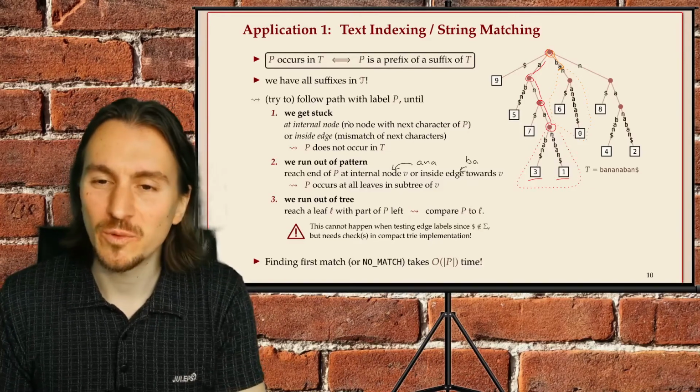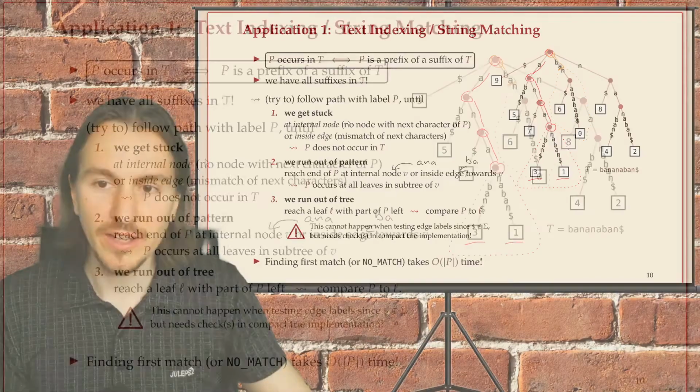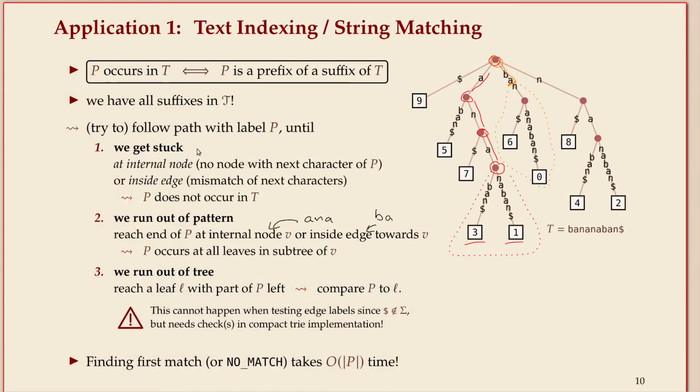One is that we cannot continue. We are stuck in some sense. What that means is we're at an internal node and there's no edge with the next character that we would like to read, or we're inside an edge and then the next character doesn't match.